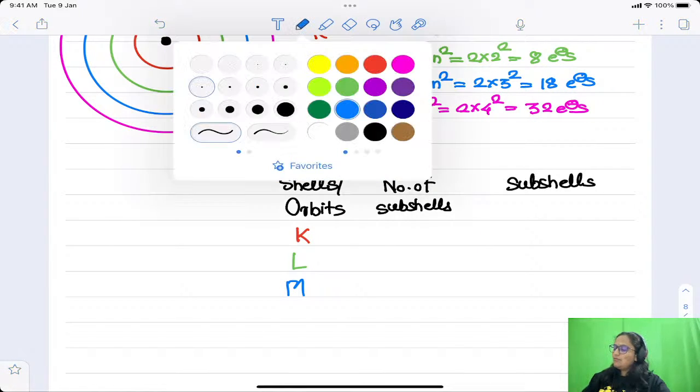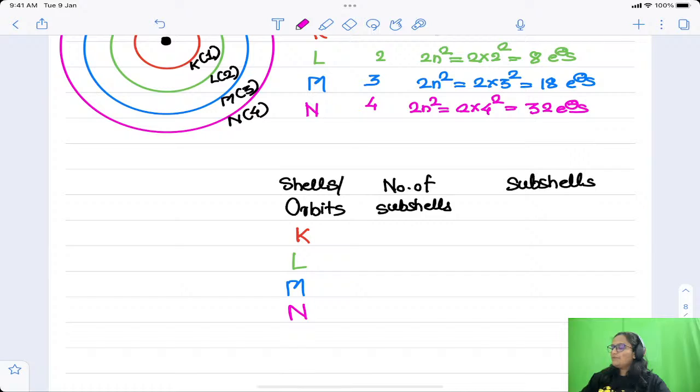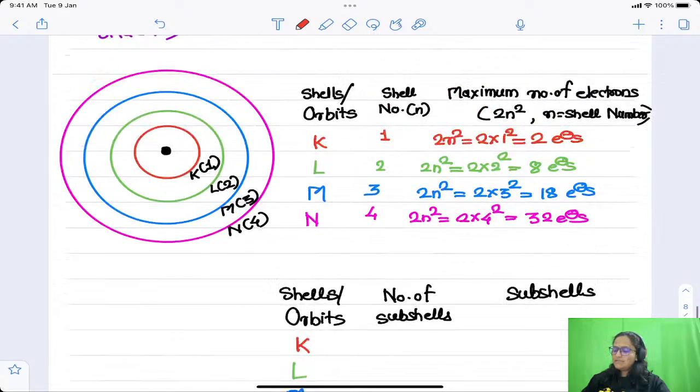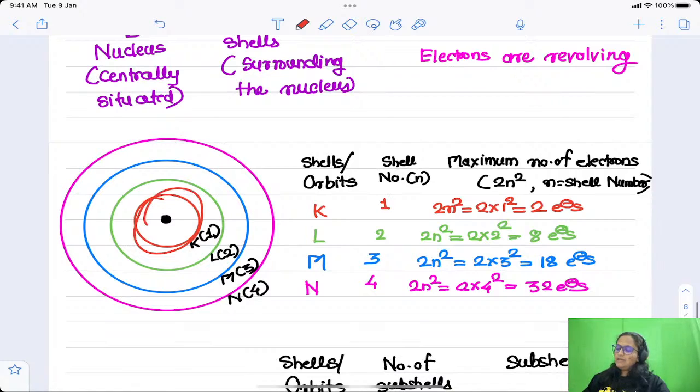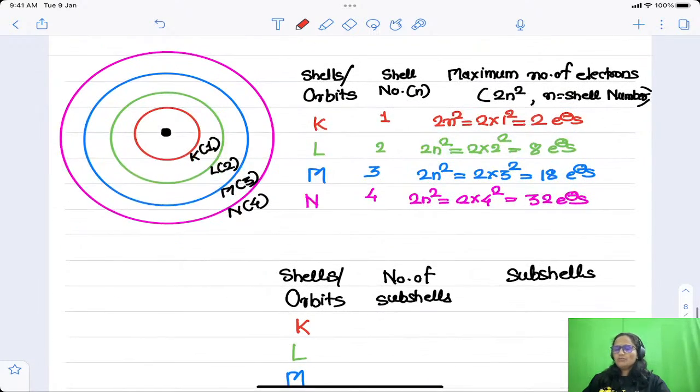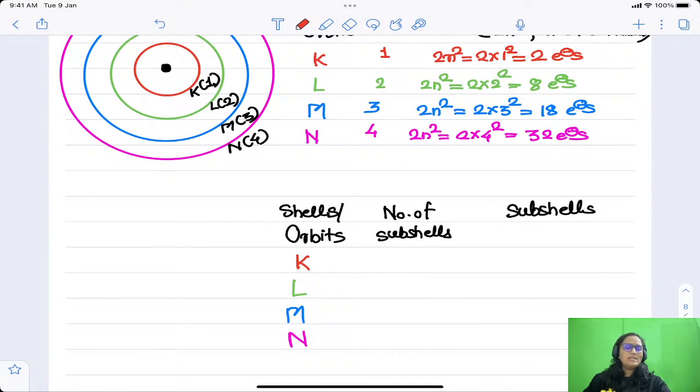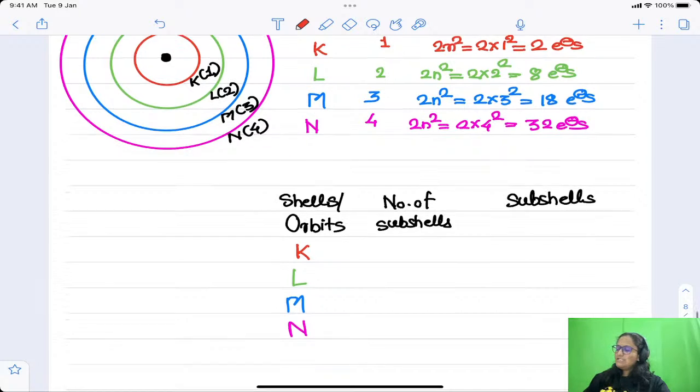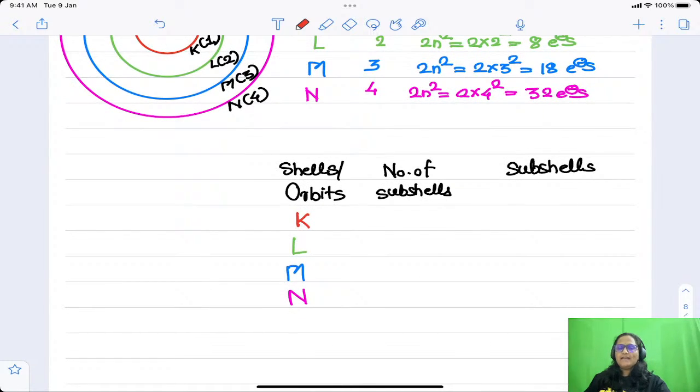As I have told you, it depends on the size of the shell. The K shell is the smallest one, as you can see, the red circle, so it will have the smallest number of subshells.